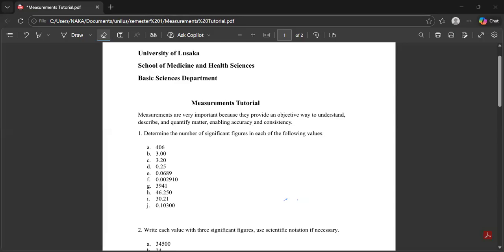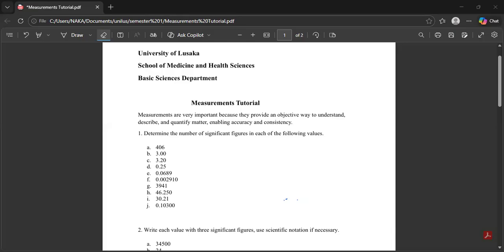The other type of zeros that we can have are what we call leading zeros. Leading zeros are zeros that come before the number. They are not significant figures, and it doesn't matter whether there's a decimal point or not.